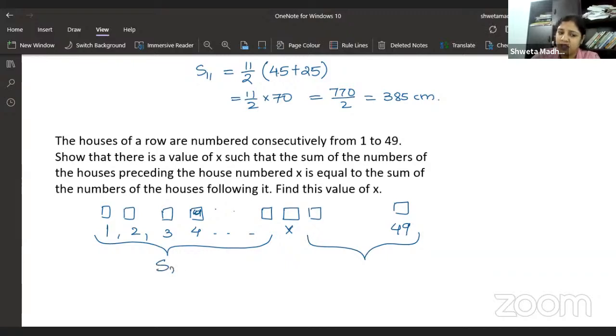So Sn on this side and S dash n on this side are equal. We have to find that value x.